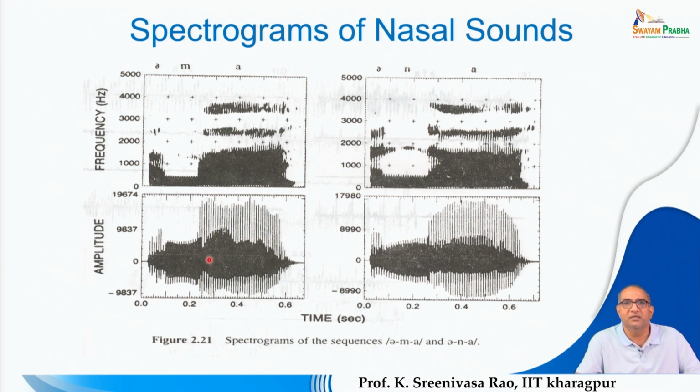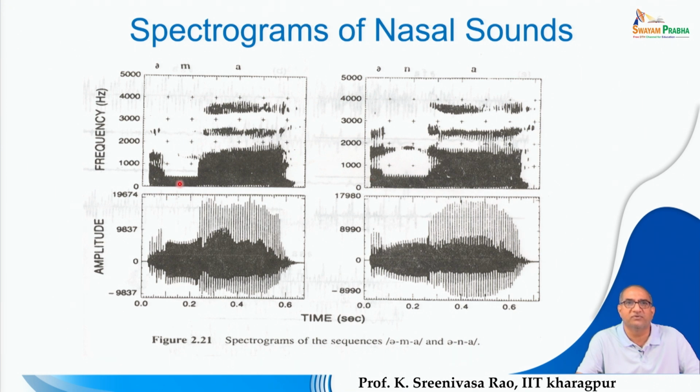And if you look at their corresponding spectra here, in both you can see very low frequency, because here the resonance is due to the nostrils, and in the nostril cavity there is no other articulator to block it. Whatever is coupled, based on the shape of the nasal cavity, the entire nasal cavity will offer a resonance. So, that will be low frequency content.